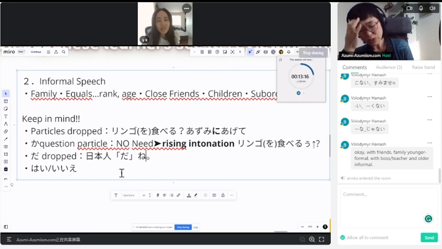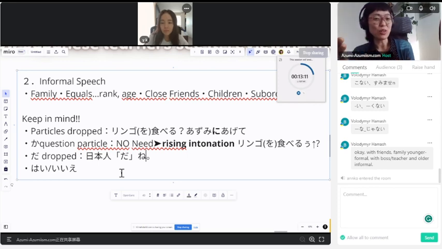So you can't straightforwardly recognize that da is always dropped. It's not. And when it comes to informal speech, it's super important that you be able to manage the ne, yo, na ending particles, because we usually put ending particles in informal speech with a much higher chance.